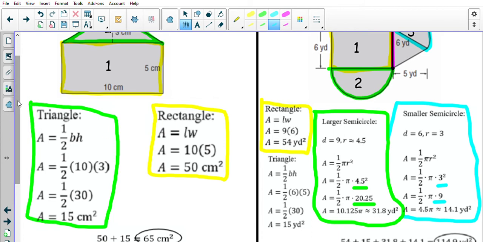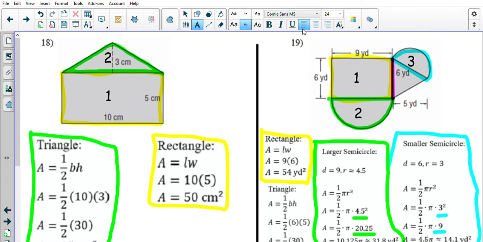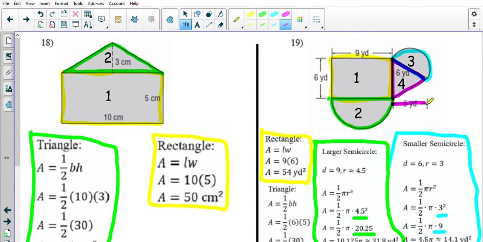Now, our last region here is going to be our triangle. That's going to be region 4. Let me put a 4 in here, and I will highlight this in purple. It's going to be this region here. The 5 we need to use for this represents the height of the triangle.